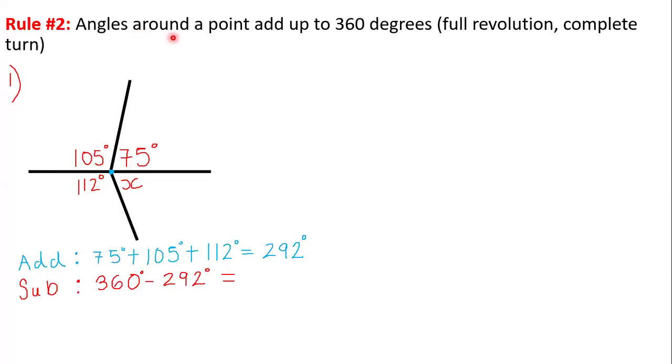Angles around a point add up to 360 degrees. Very good. So that means that angles in this full revolution, this complete turn, altogether must add up to how much? 360. Very good. So the first thing we're gonna do is add 75, 105, and 112. We add these three together. When we add them together, what do we get?